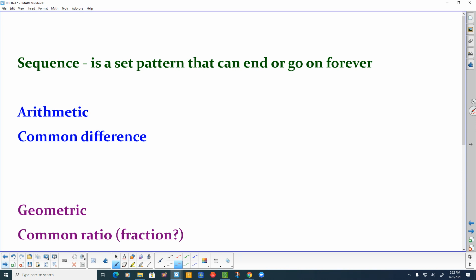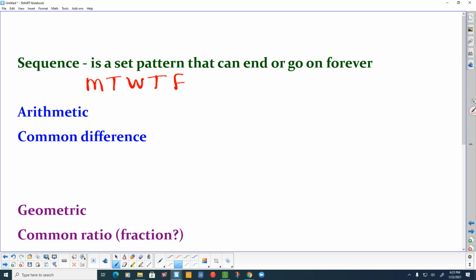What is a sequence? A sequence is a set pattern that can end or go on forever. Let me give you an example. I'll give you one that can end. What is this sequence? Do you know the rest of the sequence?